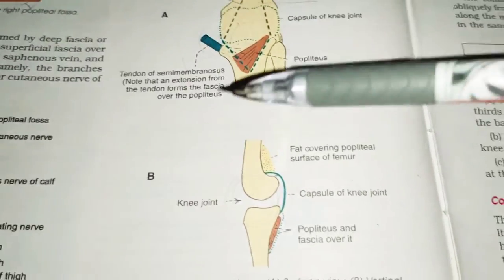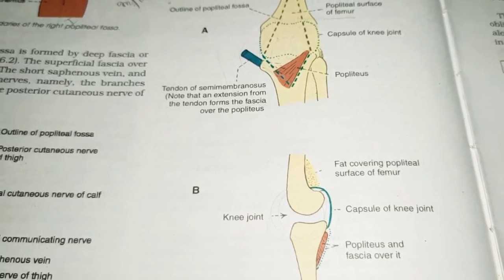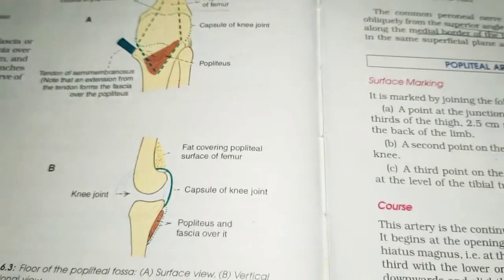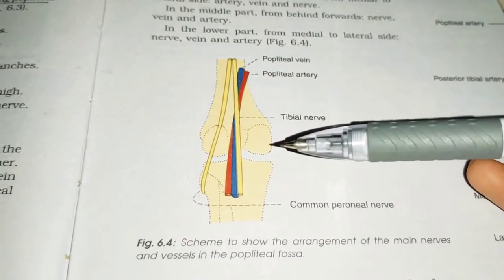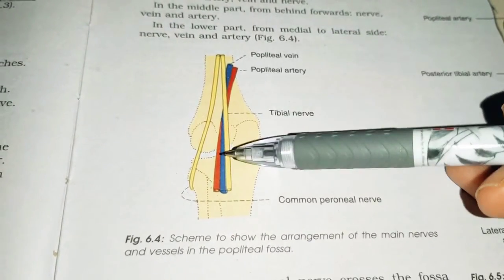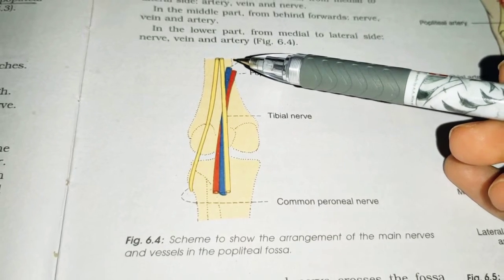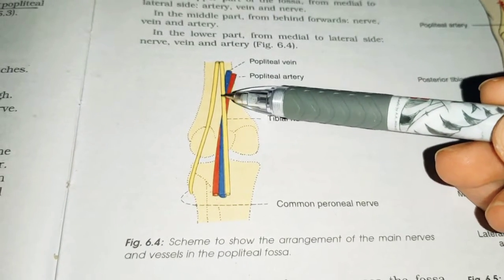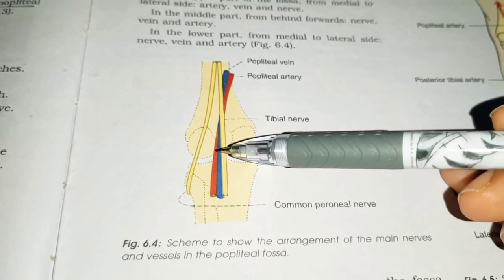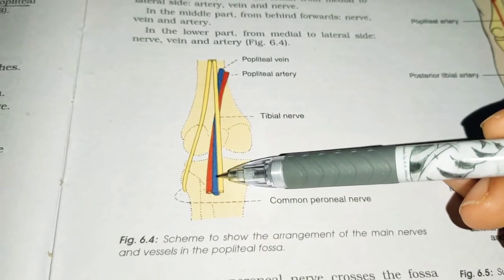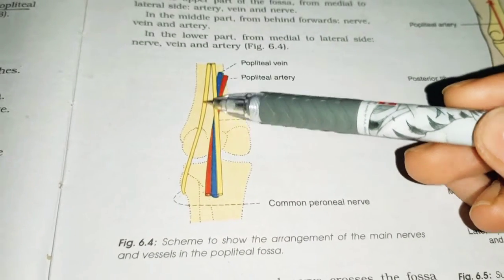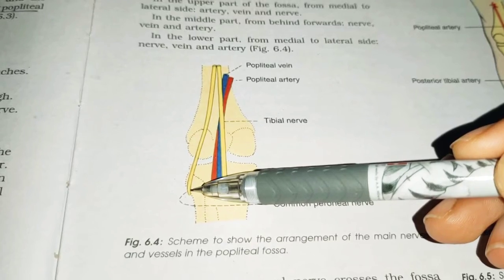Now let us see what are the main contents of the popliteal fossa. So in this diagram we can clearly appreciate the contents. The main contents are the popliteal artery and its branches, popliteal vein and its branches, tibial nerve and its branches, and the common peroneal nerve and its branches.